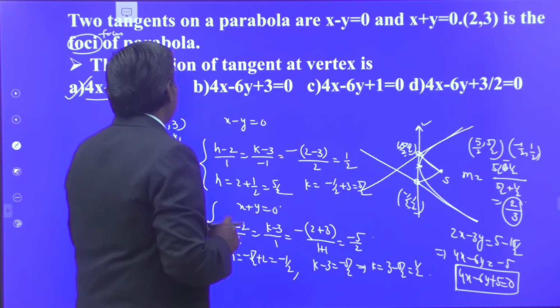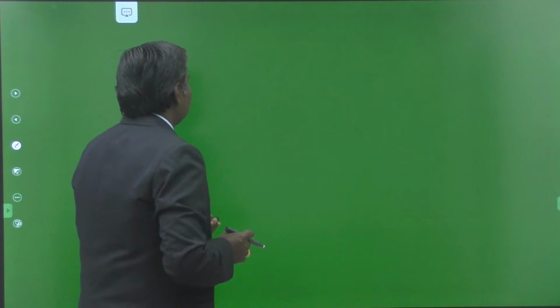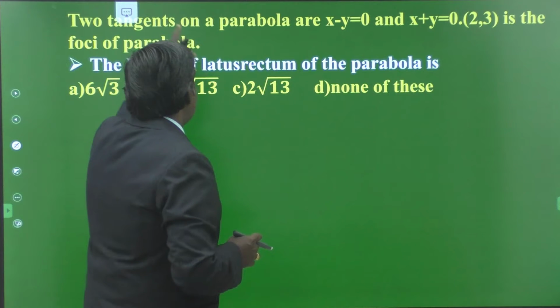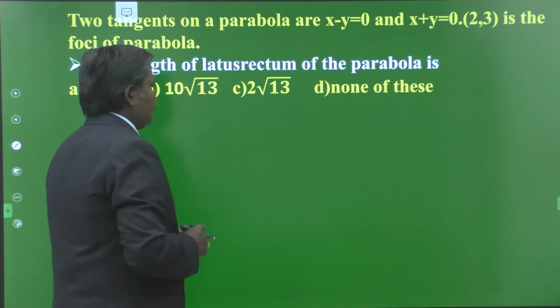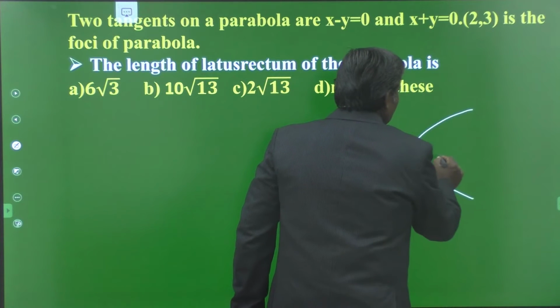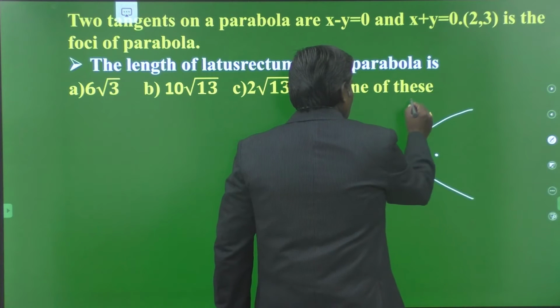Let us move to the next problem related to the same paragraph. The length of the latus rectum of the parabola is what? Suppose this is the parabola. You know the focus of the parabola. This is the focus.